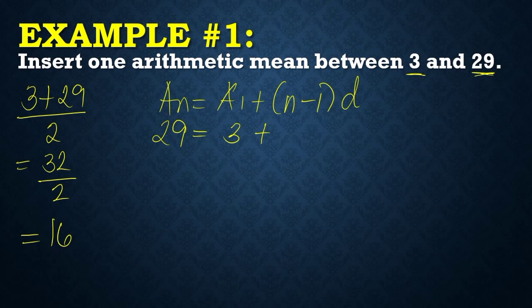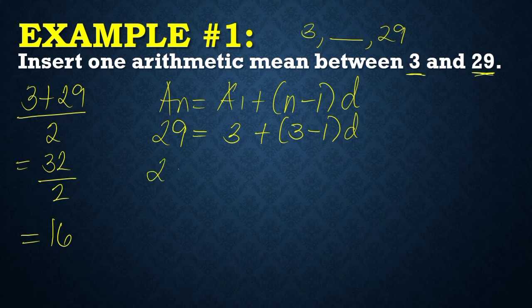So, pag nilista natin yung mga terms ng given natin, ganito siya, 3, and then blank, yung arithmetic mean, and then 29. So, ilang terms meron yan? That is 3. And then times d. So, kapag ginamit natin yung formula for arithmetic sequence at arithmetic mean ang ating hinahanap, ang makukuha natin dito is yung common difference, of course.